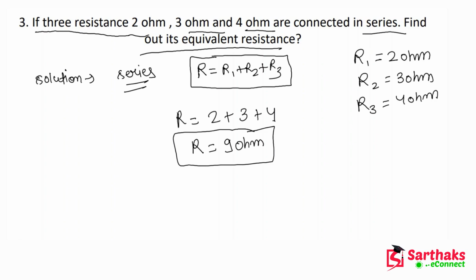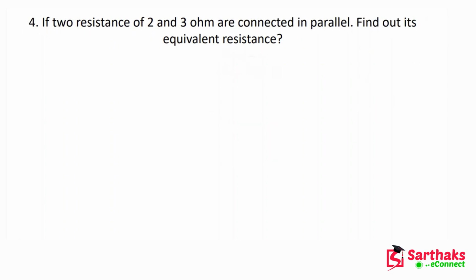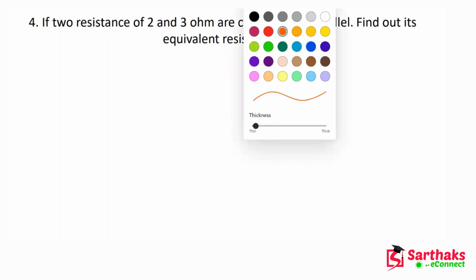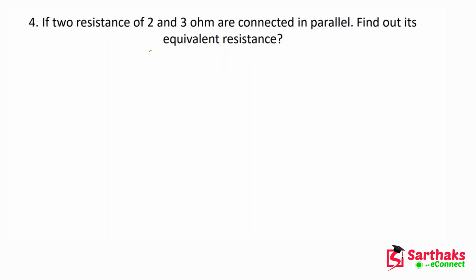Now let's move on to the next question, question number 4. Let's see what this question is asking. If two resistances of 2 and 3 ohm are connected in parallel, find out the equivalent resistance. Let me write down the solution here.